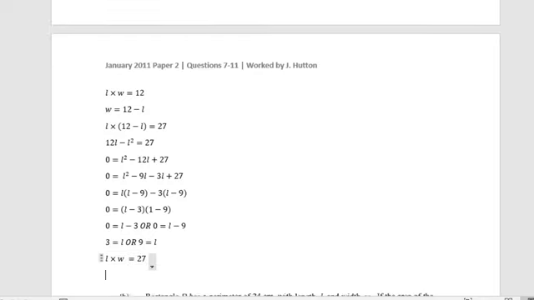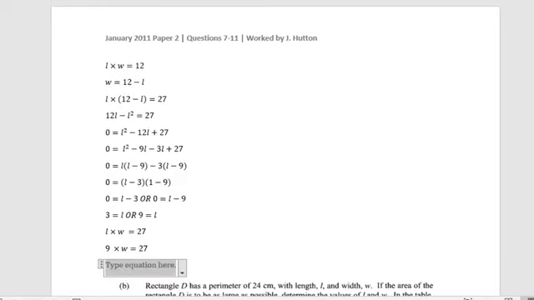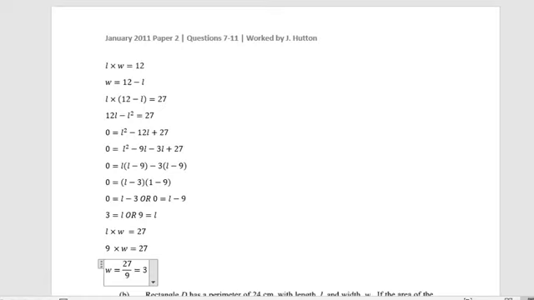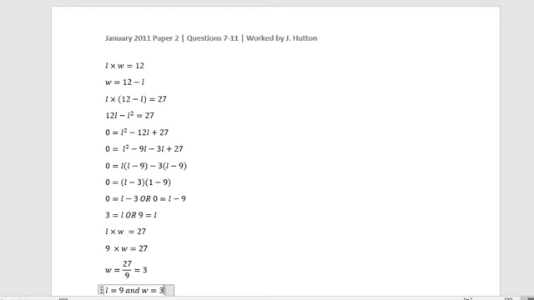I'm going to use L to be 9, so 9 multiplied by width is equal to 27. Now we can solve for W, and W is equal to 27 divided by 9, which gives us 3. So L is equal to 9 and W is equal to 3.